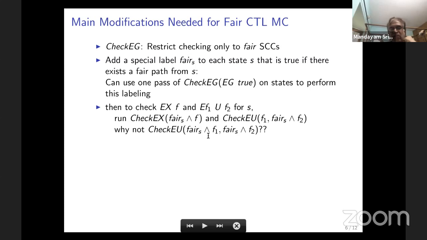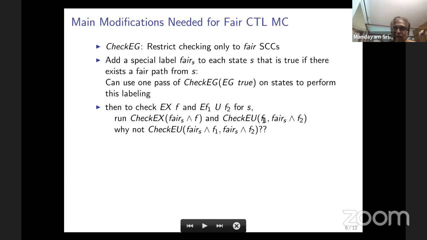So actually, there's a small optimization that you can do. When you're checking E F1 until F2, you don't care about the label on the first part, because if there exists a fair path from the state in which F2 holds, then there will automatically be fair paths from all the states that lead into it.